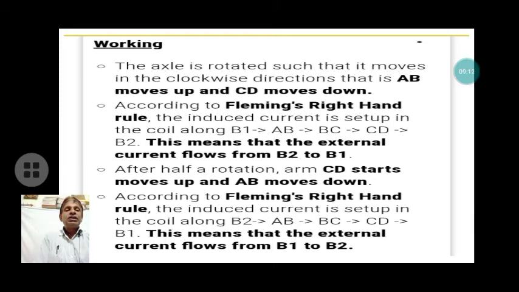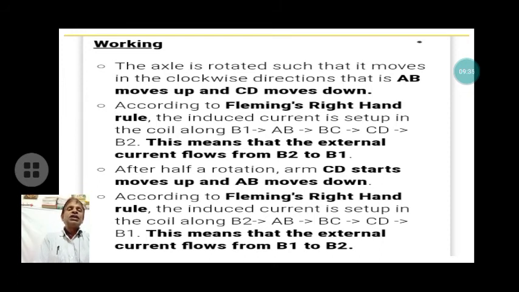According to the Fleming right hand rule, the induced current is set up after the half rotation in the coil along B2, AB, BC and CD. This means that the external current flows from B1 to B2.